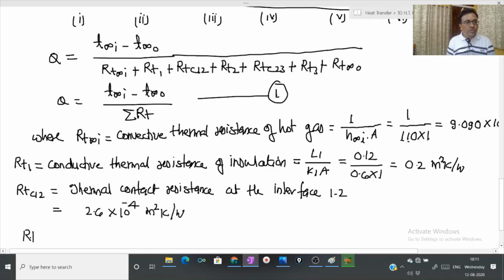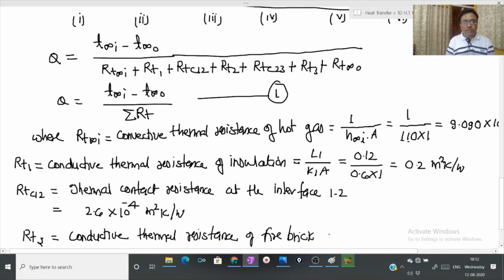Then RT2 is conductive thermal resistance of fire brick slab, can be given as L2 over K2A.